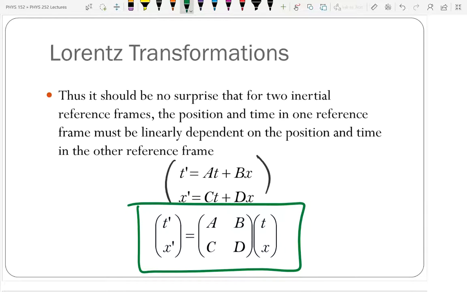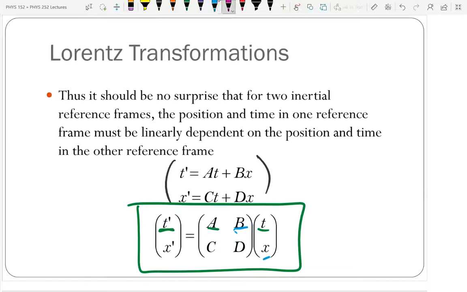Just like what we were doing when we were dealing with solving many variables, like in circuits problems, we can take this equation. The way it reads is this value is equal to this times this plus this times this. And so if you do that, t prime equals a times t plus b times x, you have the top equation.